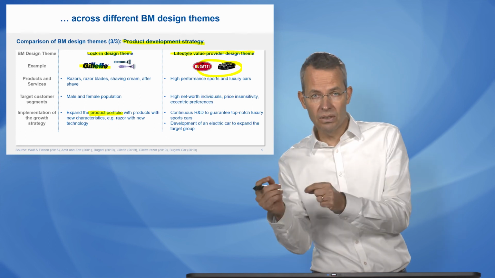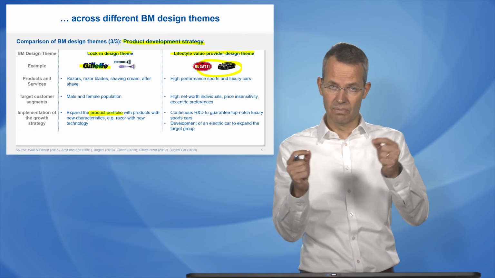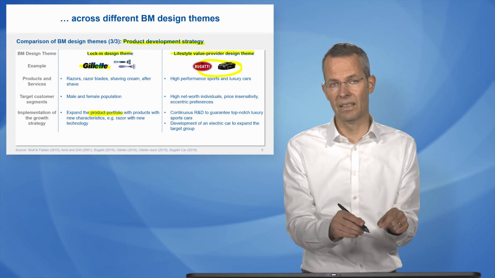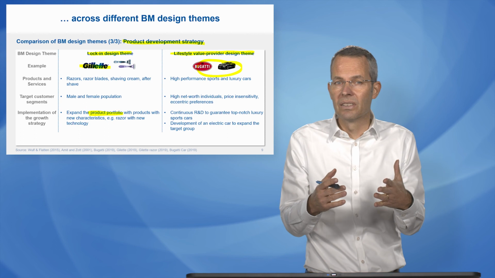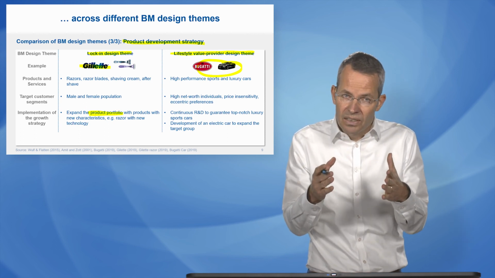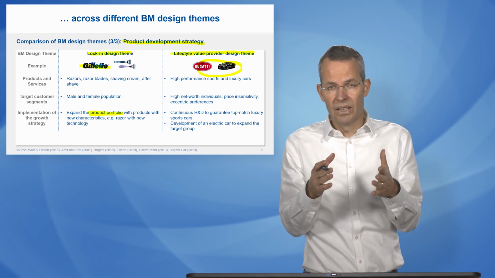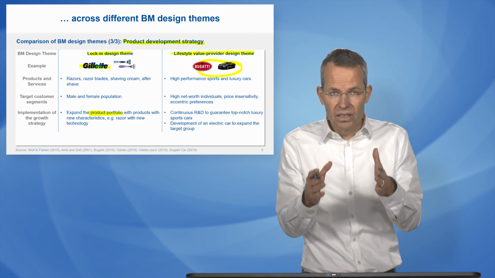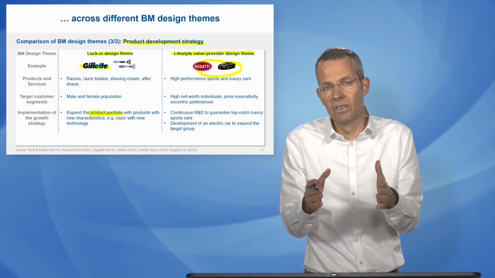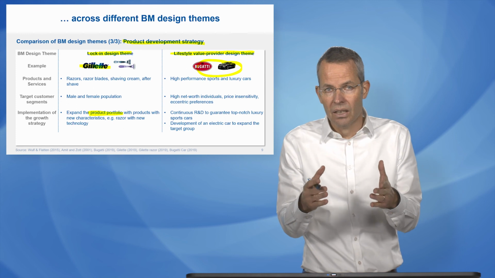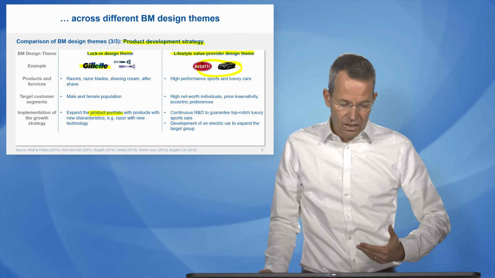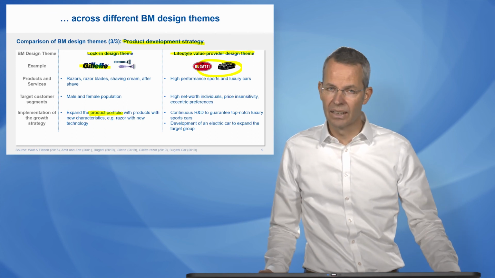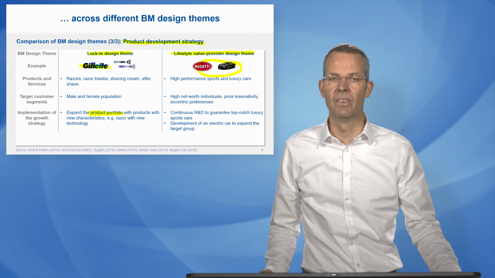Is it still your old design theme, which you expand, like Gillette always had the lock-in design theme? Or is it something else? Is it, for example, an efficiency design theme for your growth strategy, because you use existing resources and use them in a more efficient way? And this is your customer view, and honestly, now you have to get this to the ground and get going, and this is about value creation.